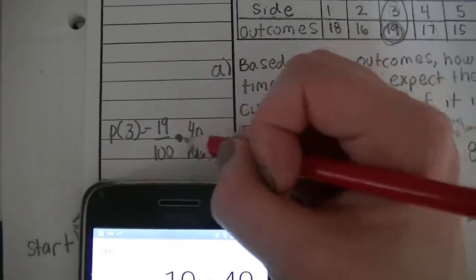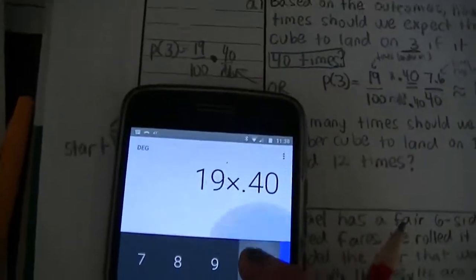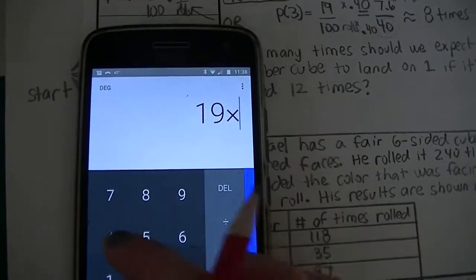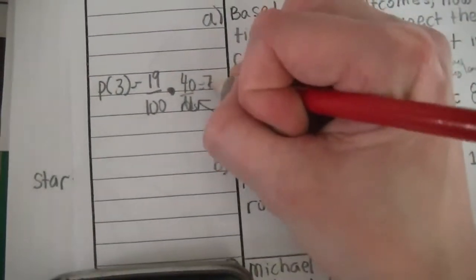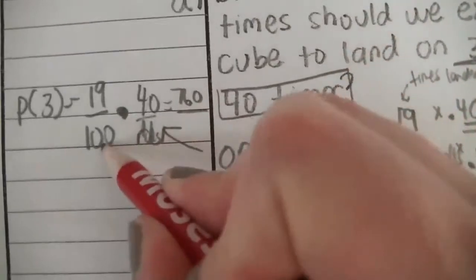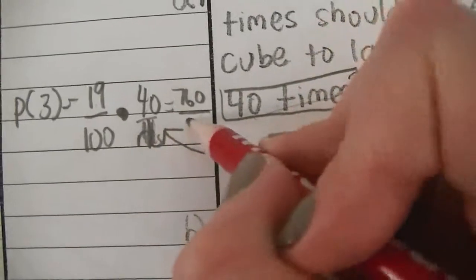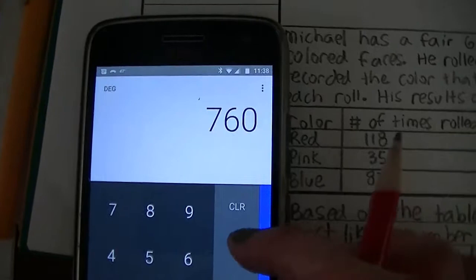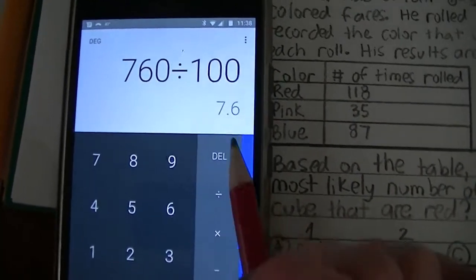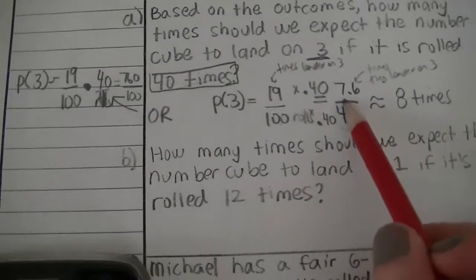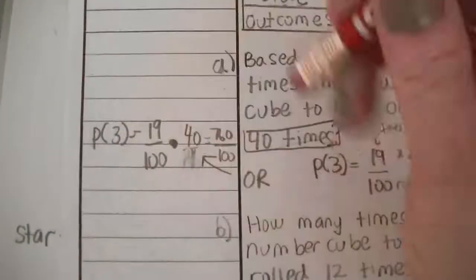I'm going to put that in fractional form. I got 760. So this would be 760 divided by 100, which gives me 7.6, exactly what we got right here, which would be approximately 8 times. Sorry that this looks really sloppy right there.